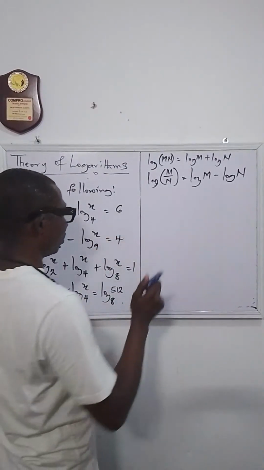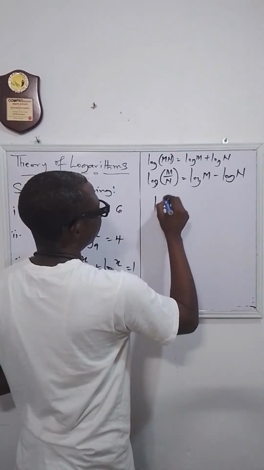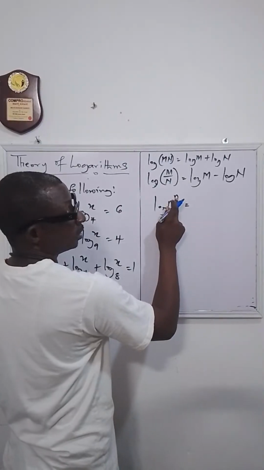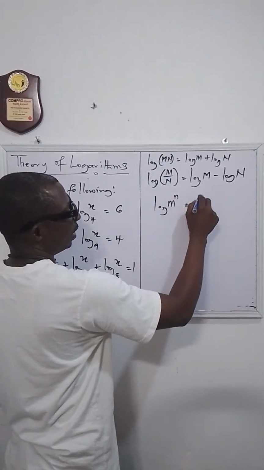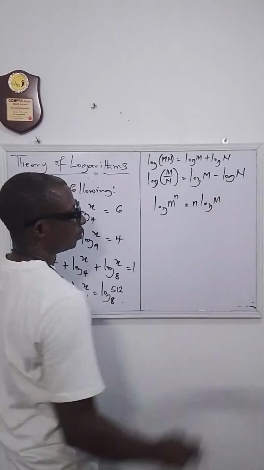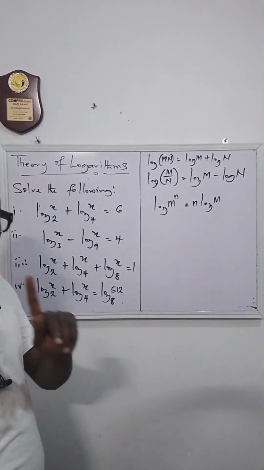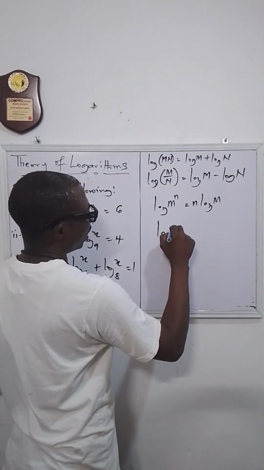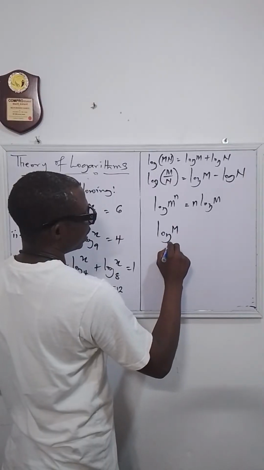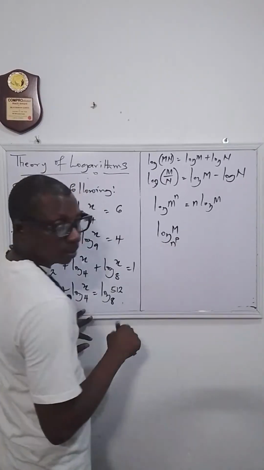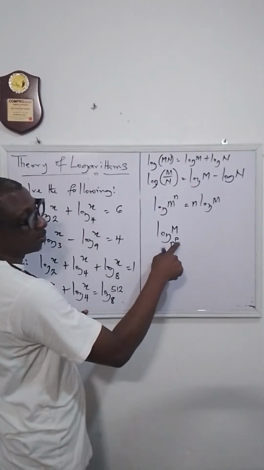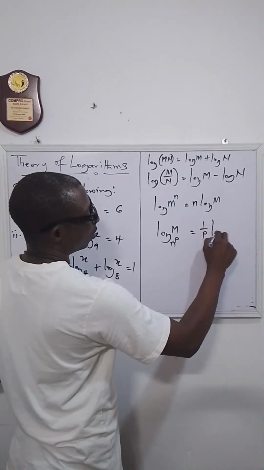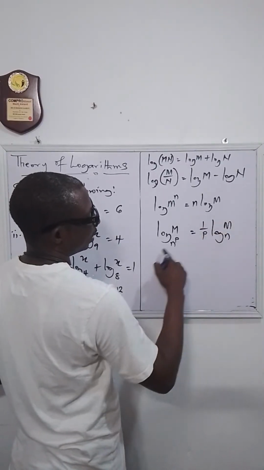Also, if you have log of m raised to the power of n, this power comes here, and we have n log of m. Another one that is most important: when you have log of m base n raised to the power of p, now the base has a power, so this is going to give you 1 over p log of m base n. Please take note of this.